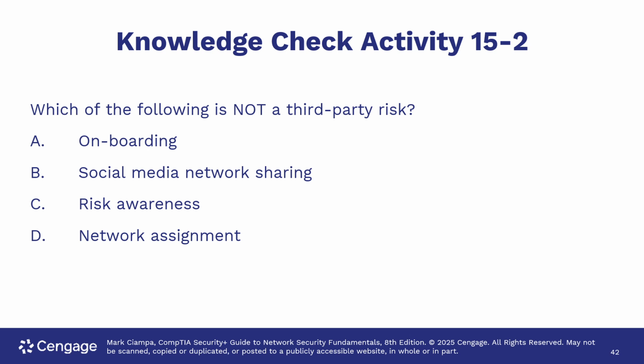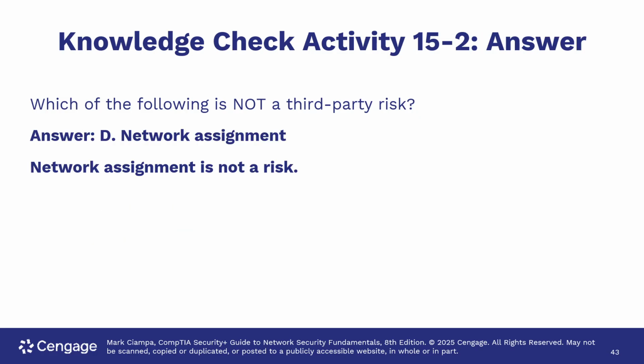We want one that's not. So 3 out of these 4 are true. We want to find the false one, or the one that's not a third-party risk. Okay? So it's network assignment. Network assignment is not a risk.